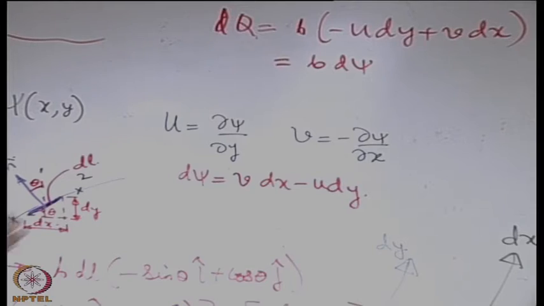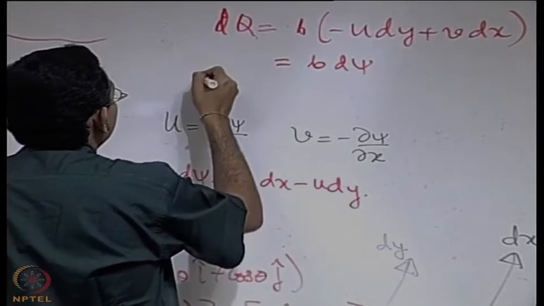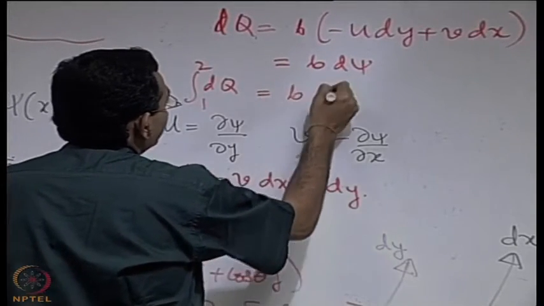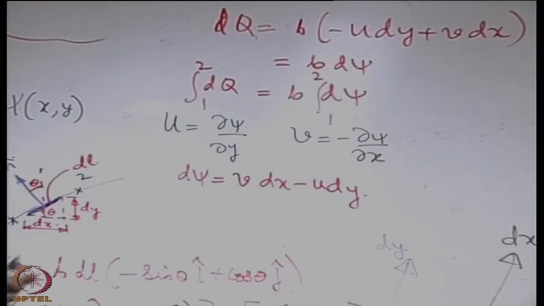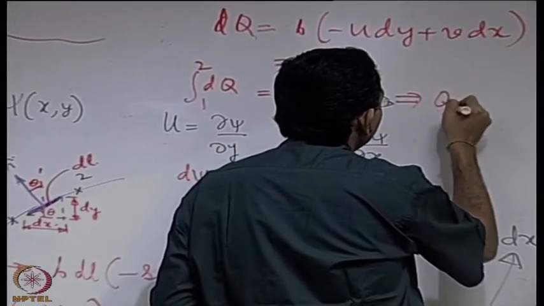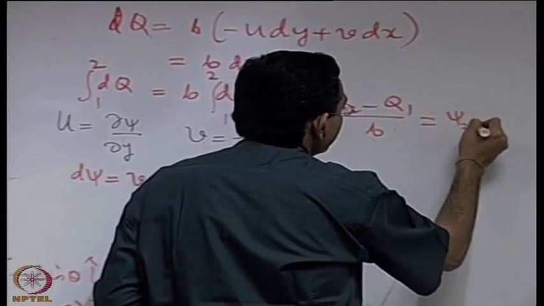That means if you want to find out the difference in flow rate between 1 to 2, so dq from 1 to 2, that is b d psi from 1 to 2. So, the difference in flow rate between the points 1 and 2, q2 minus q1 per unit width is given by the difference in stream function.